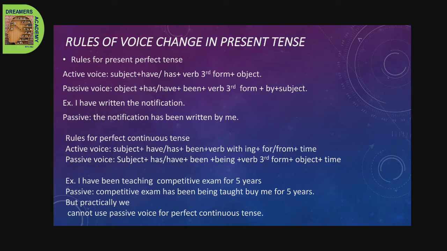Then, the competitive exam has been being taught by me for 5 years. You have to be careful with the use of been and being simultaneously in this section. But practically we cannot use passive voice for the perfect continuous tense, and we should avoid it in the writing section.